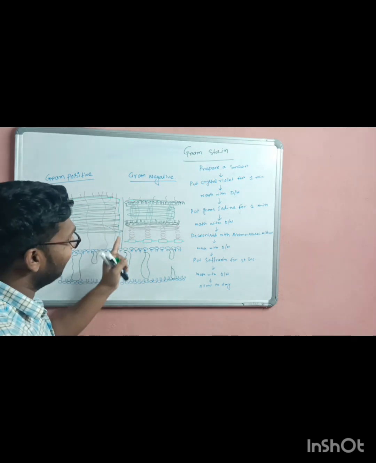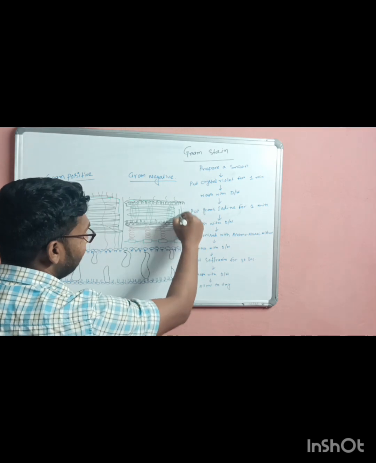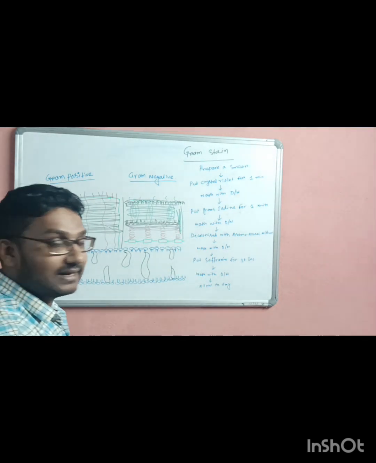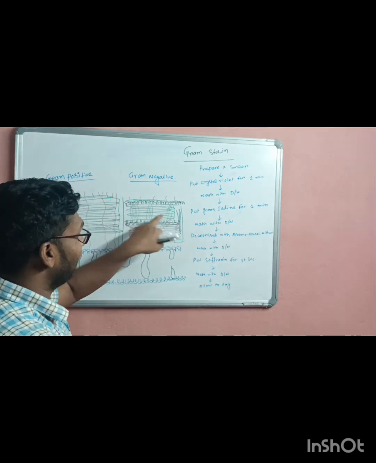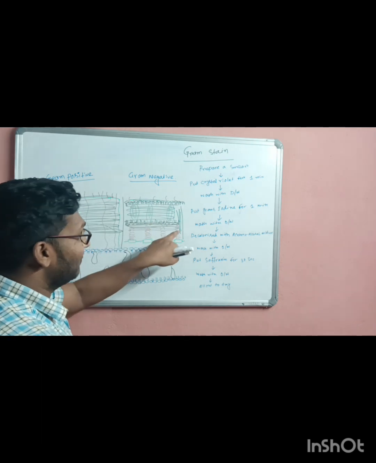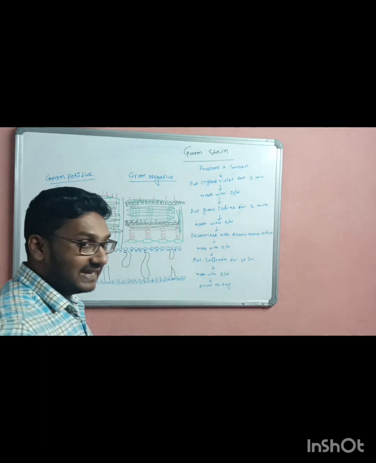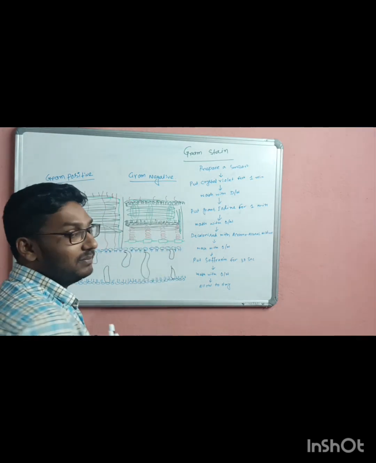In the case of gram negative bacteria, these components are made of phospholipid, lipoprotein and lipid molecules, and lipid can be dissolved by the alcohol mixture.